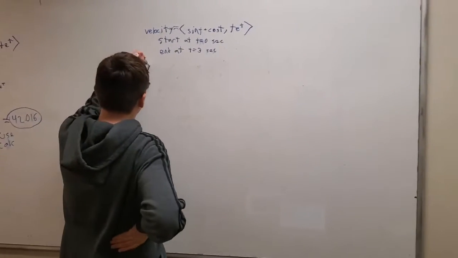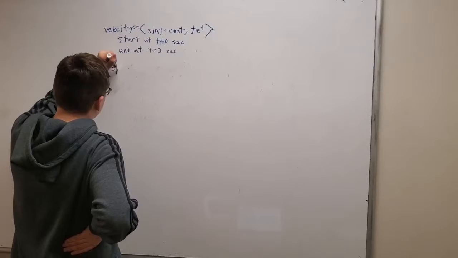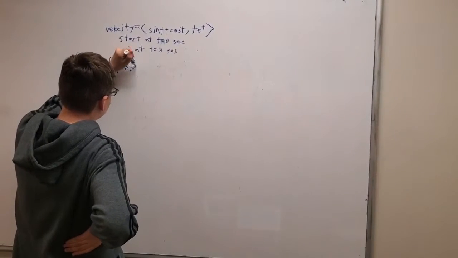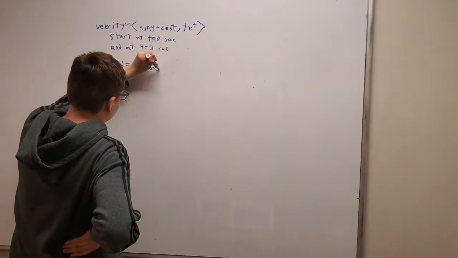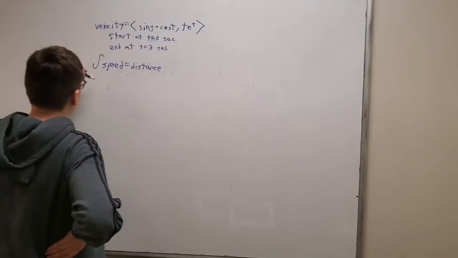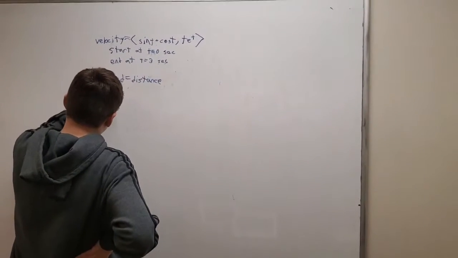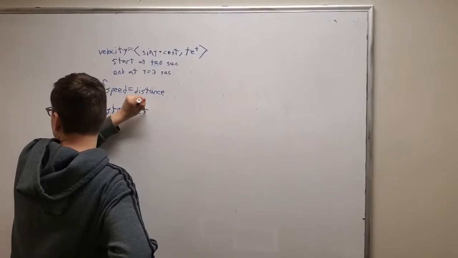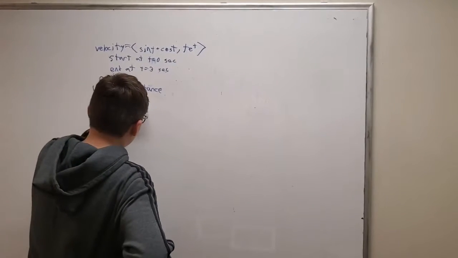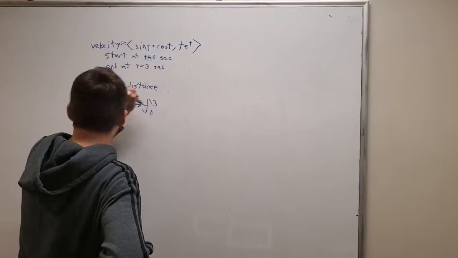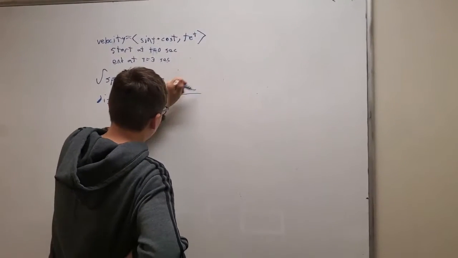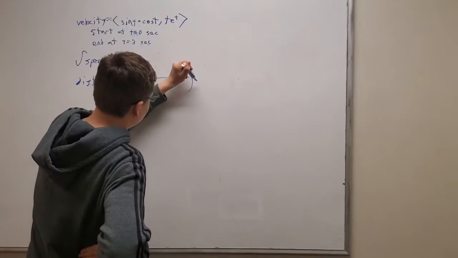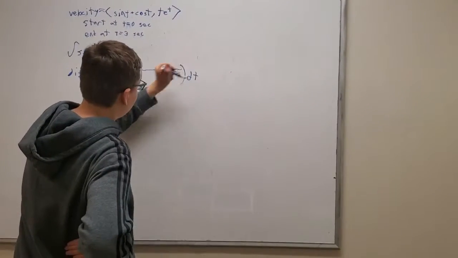And knowing that the integral of speed equals distance, we can solve a problem, which would be distance equals the integral from 0 to 3, and we square root the whole thing, and we have the dt at the end.